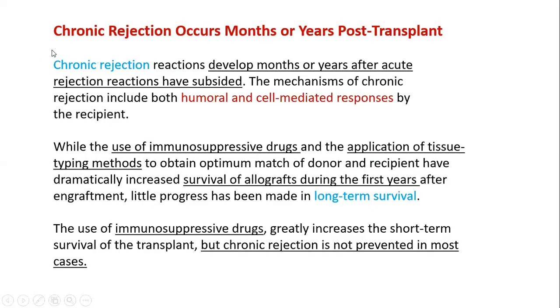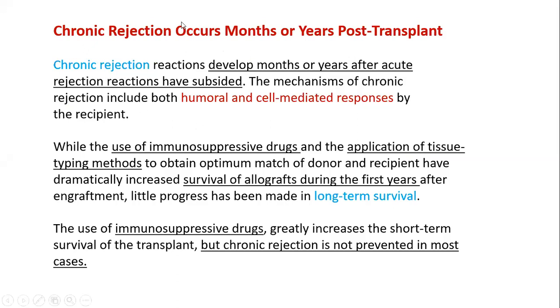On the other side, there is chronic rejection, which usually takes months or years post-transplant. For example, a person who received the transplant, everything goes smoothly, matching is fine, no reaction, no hypersensitivity, no cross-reactivity. He looks well, and he leaves the hospital. But after a few months or certain years, he faces some issues with the transplant, comes and complains to the physician.